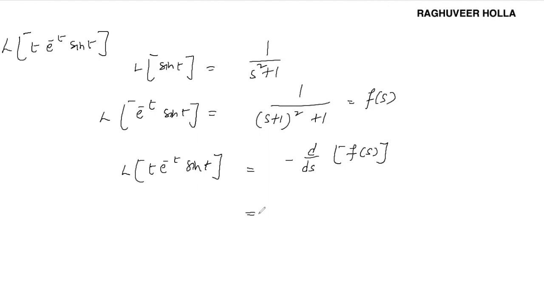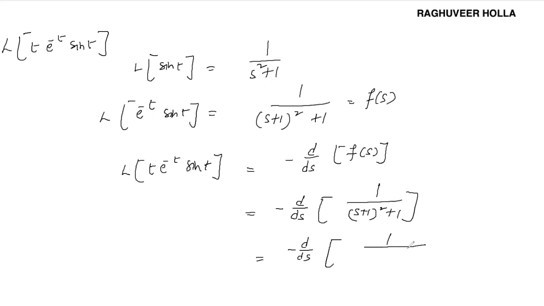So this is minus d by ds of 1 by s plus 1 whole square plus 1, or you can write as minus d by ds of 1 by s square plus 2s plus 1 plus 1, that is 2.